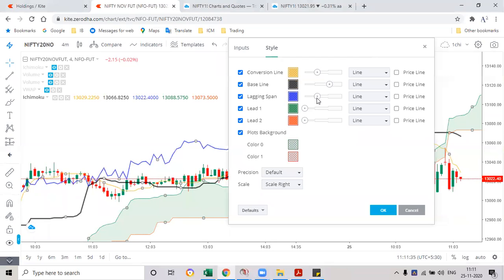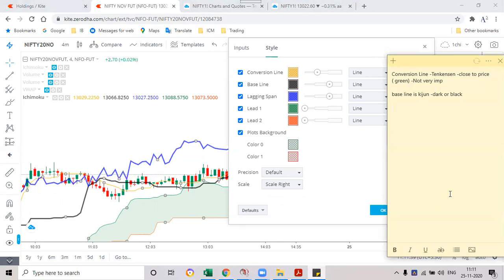It is called Chikou. I like dark blue color because that is the color of money. So baseline or Kijun important, lagging span very important. We'll keep it blue color.